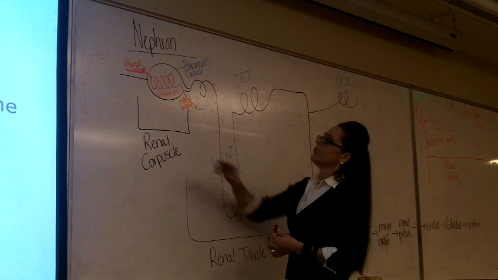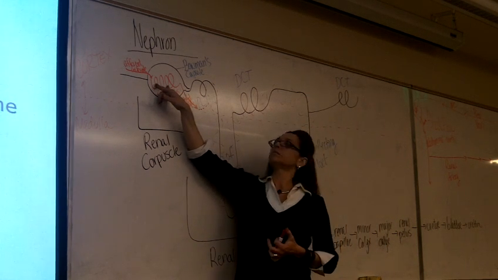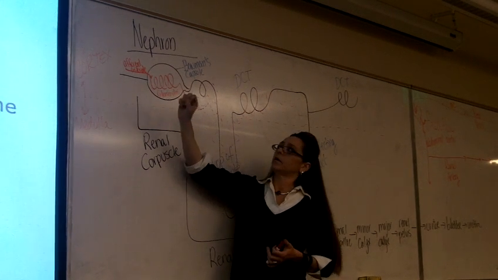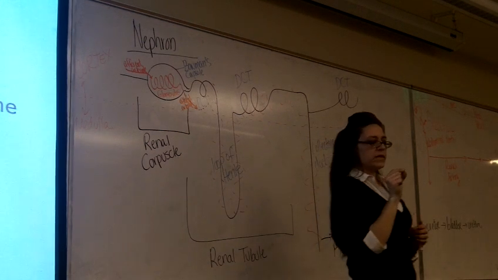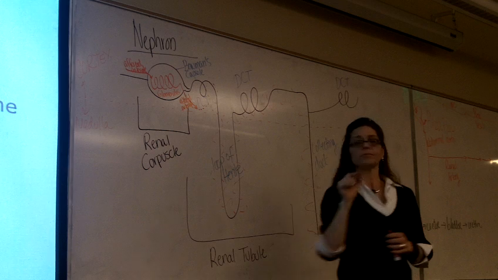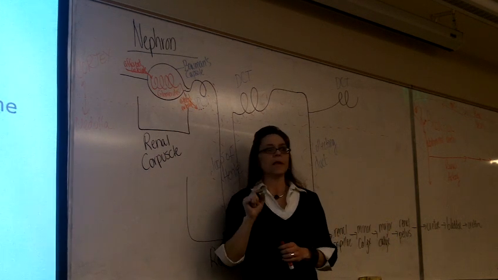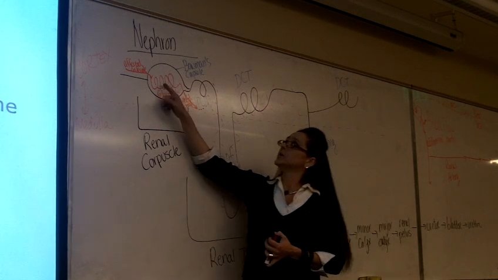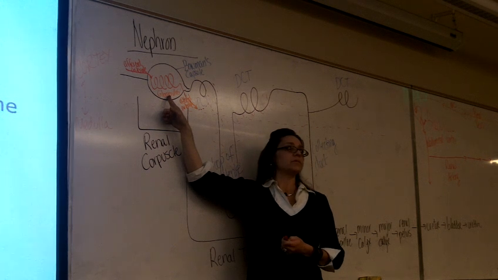And what that's going to do is, because there's high pressure in the glomerulus, anything that is small enough to fit through these little slits that line the wall of the glomerulus is going to leave the blood and go out into Bowman's capsule.